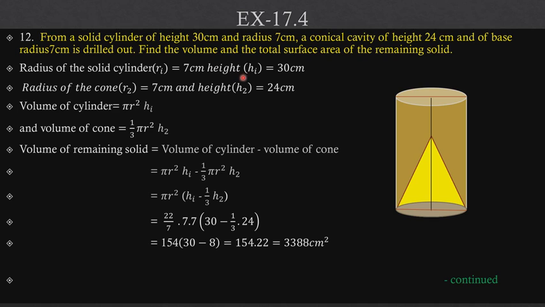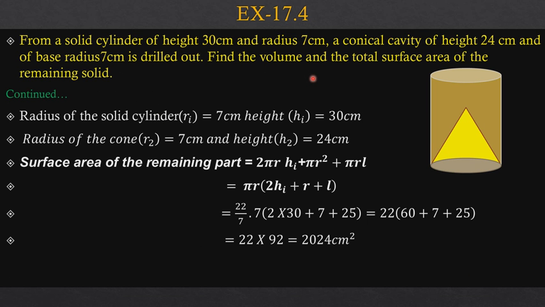Height of the cylinder is H1 and height of the cone is H2. So we know the formulas. Once you apply them, you get 388 centimeters square. That means this is the portion of the volume that is left over after carving out the cone from the cylinder.